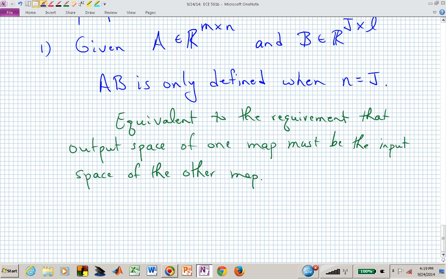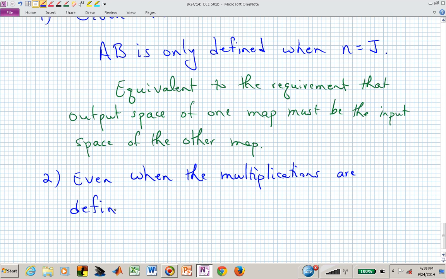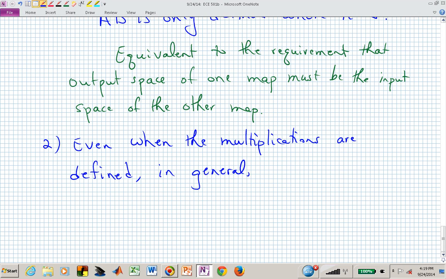The other property that you need to just be aware of, which we've talked about already, is that even when the multiplications are defined, in general, the matrix of the linear map T times the matrix of the linear map associated with S is not equivalent to the reverse multiplication.